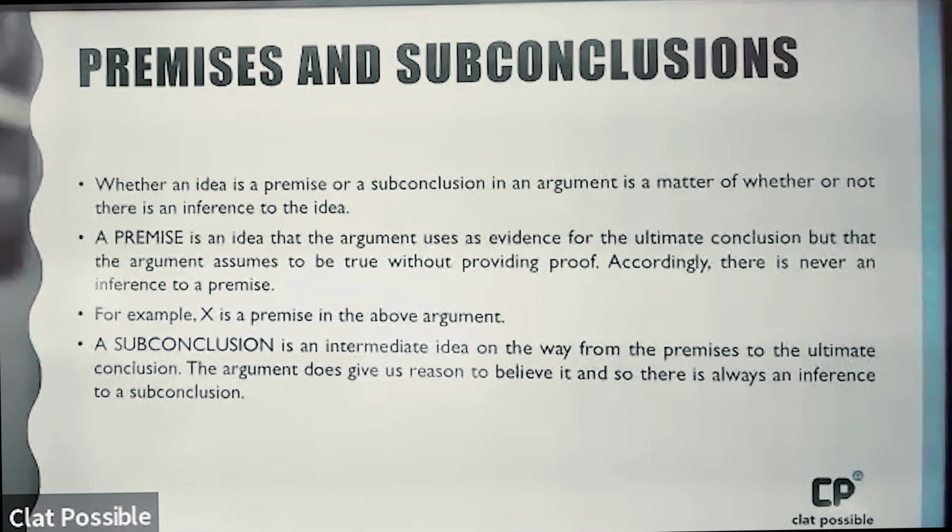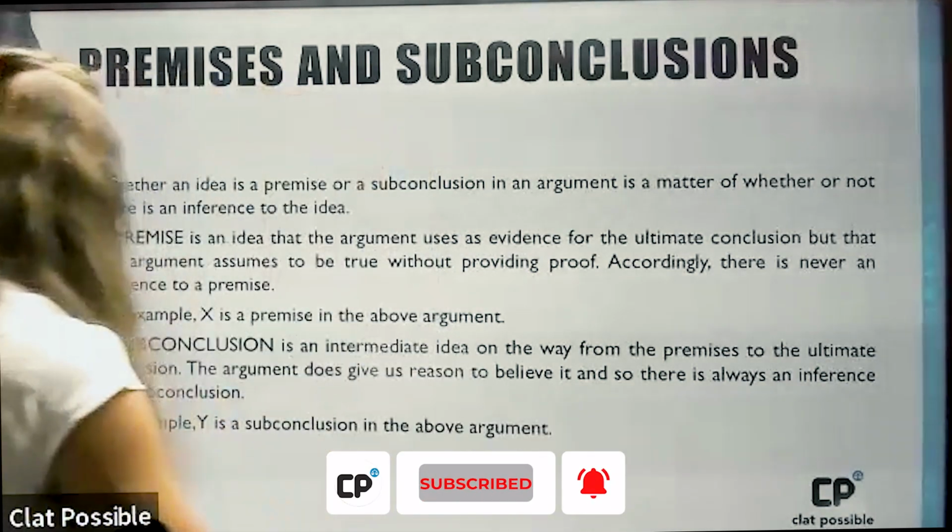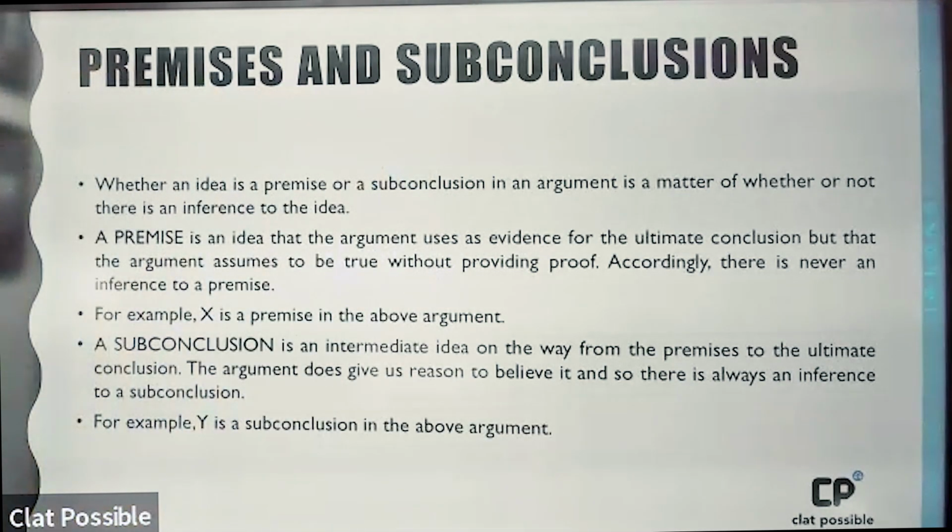So the premise exists, we have to take the existence as a truth. From there, we lead to an intermediary statement called the sub-conclusion. And this is midway between the premise and the final conclusion, which is played by the letter Y in our diagram.